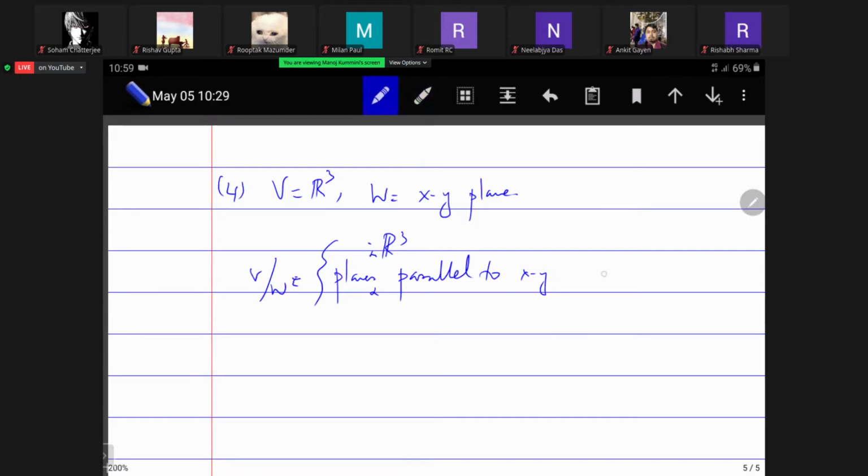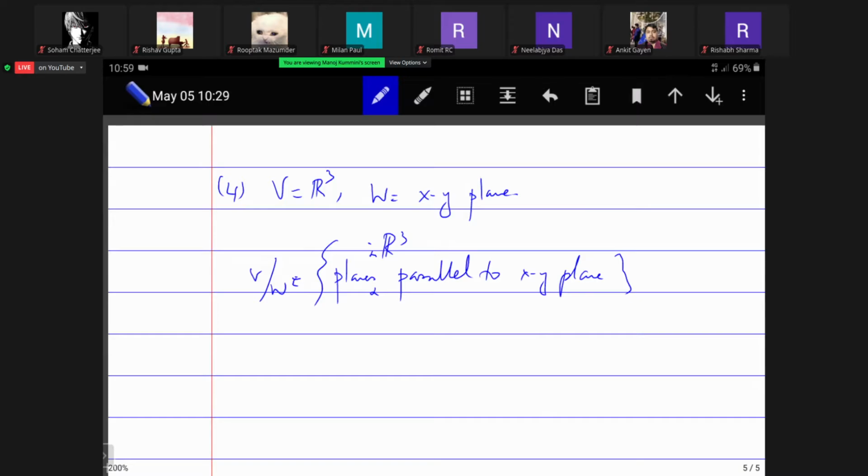So you can just think of these as layers that are parallel to the given W. And this is exactly what the cosets, the equivalence classes, look like.